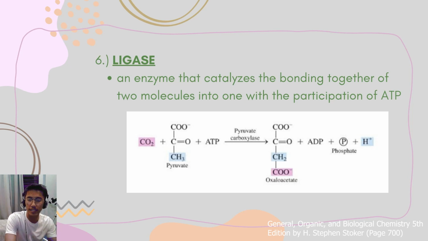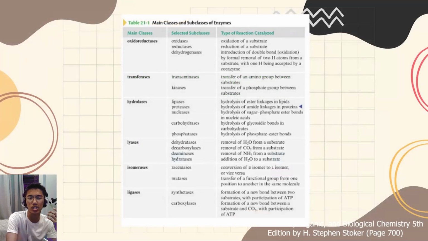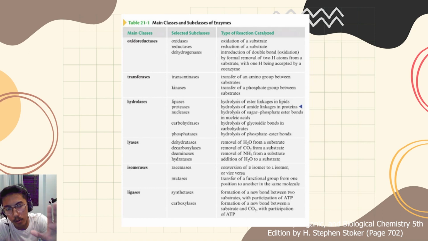So those are the 6 major classifications of our enzymes, and here is actually a table of where we can find all of these examples. Please pause the video and take a picture and search these for yourself and where they fit. You'll be amazed of how incredible and how useful our enzymes could be.